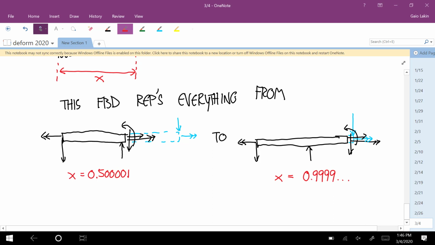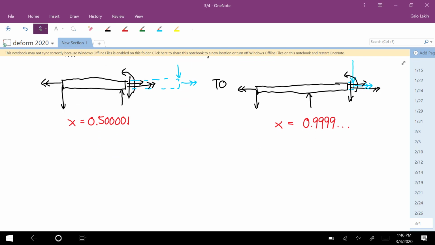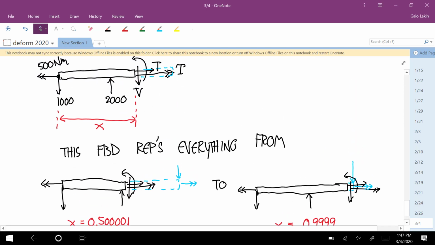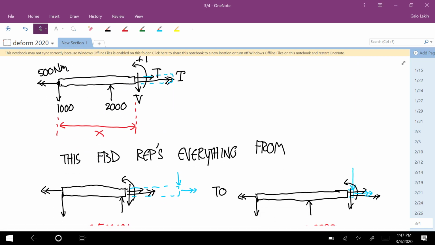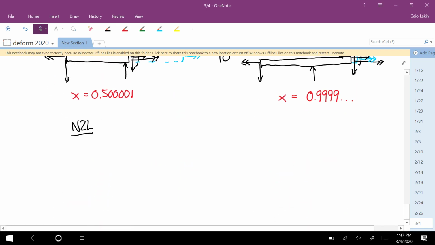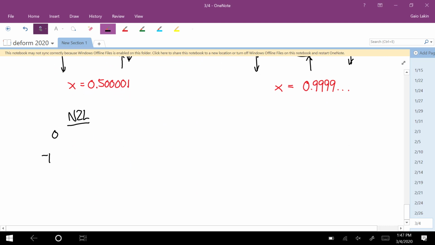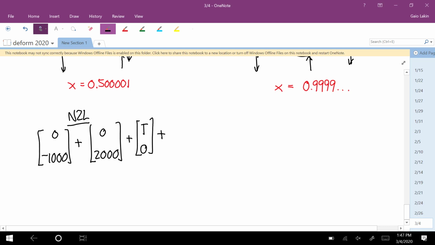Okay. So let's quickly do this calculation. So Newton's second law, we have the downward 1,000 and the upward 2,000. So 0 equals negative 1,000 plus positive 2,000 plus the T in the positive x direction plus the V in the negative y direction.